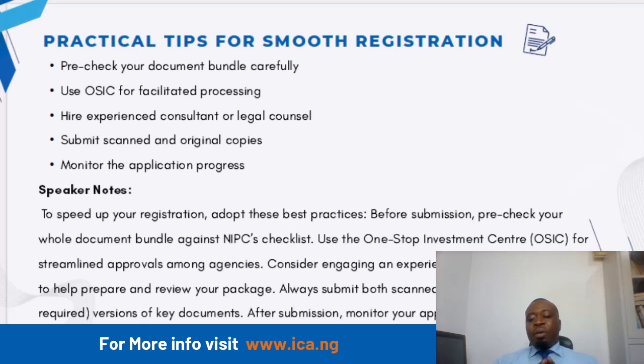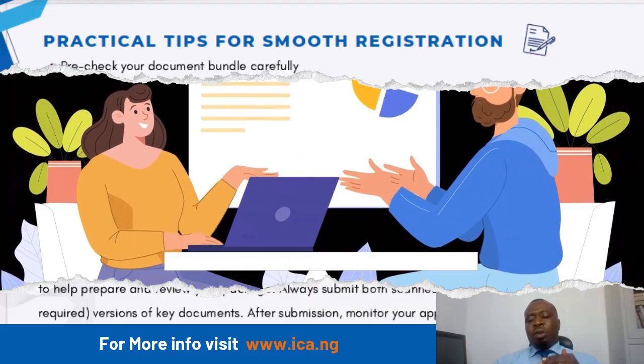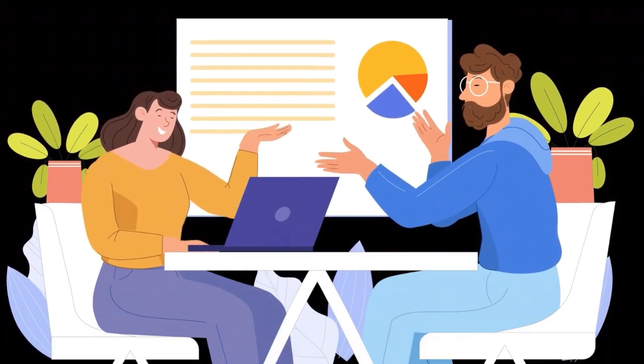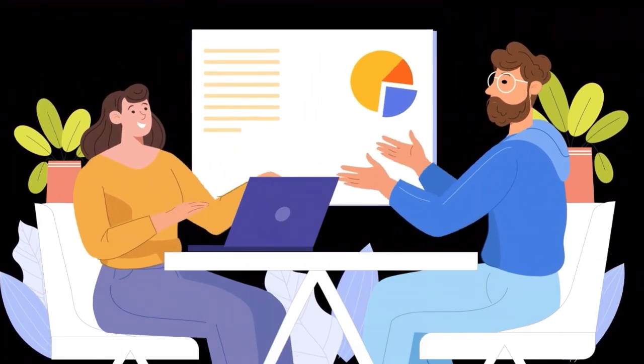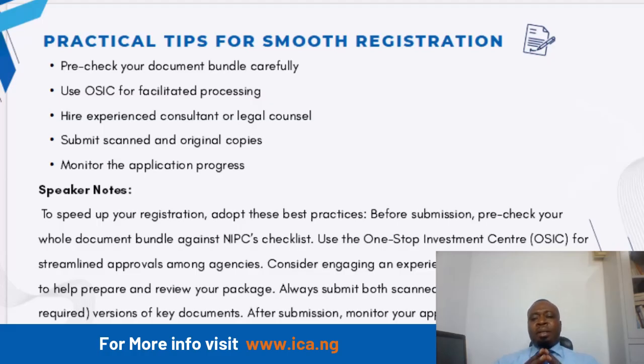These steps often separate fast approvals from long delays. So if you want your application to be approved fast, just make sure that you adopt these practical tips that I've just mentioned, so that your application will be processed within the timeline that I've explained earlier, which is 24 hours.